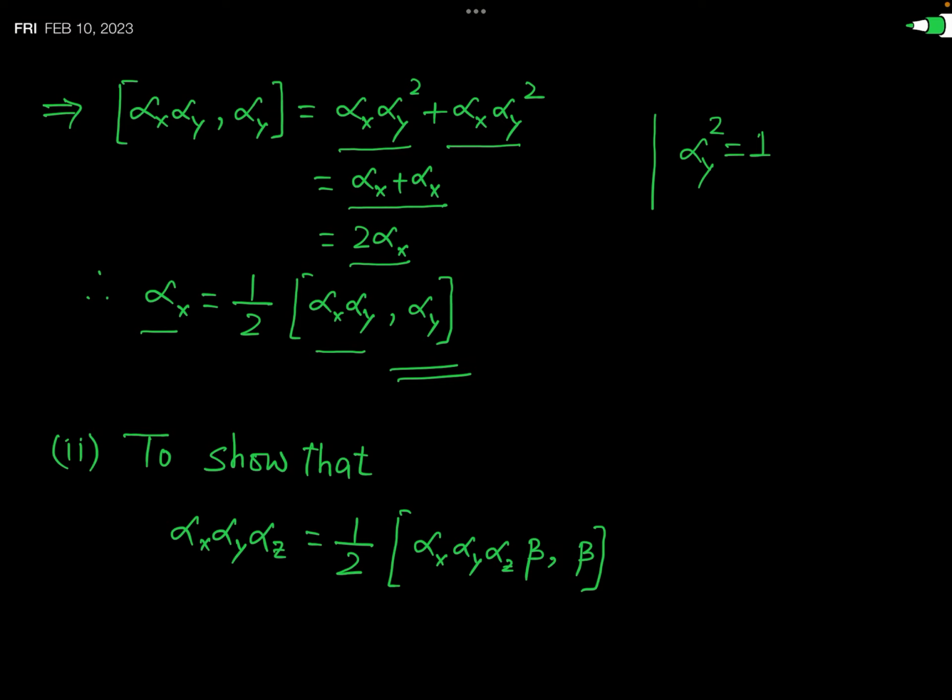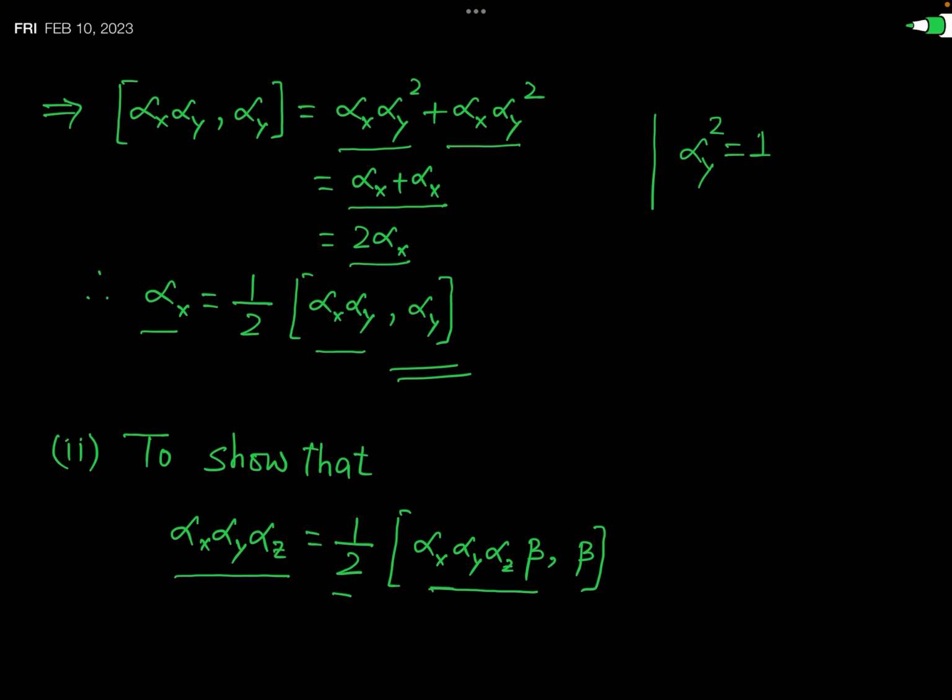Now, in the second part of the problem, we have to show that this product alpha x, alpha y, alpha z will be equal to 1 over 2 commutator of alpha x, alpha y, alpha z beta with beta.